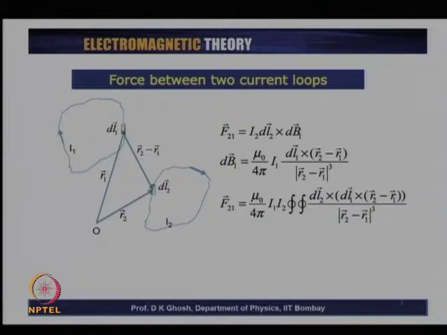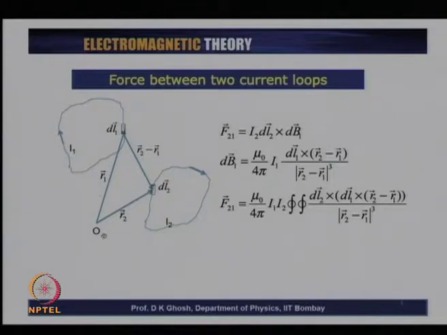Now, since this is an arbitrary circuit, what we do is, if I am calculating the magnetic field at a point, I have in this picture, suppose I am interested in calculating the field due to this circuit, which I call circuit 1, it is carrying a current I1.